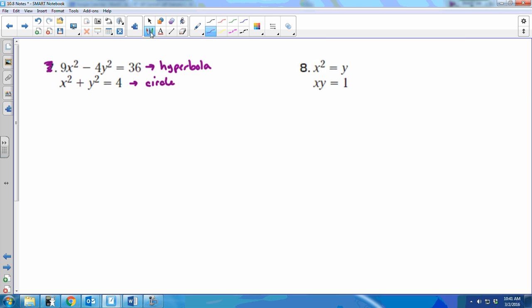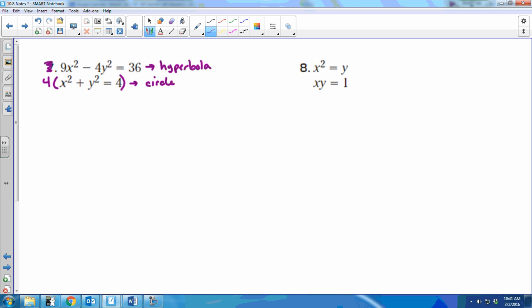I can multiply it by 9 or by 4. It doesn't matter. I think the smartest way, since you have a minus sign and a plus sign, would be to multiply by 4, because then you'd already have it set up. You could just add them together, and the 4y squareds would go away. That's not the only way to do that, though. So I'm going to multiply this equation by 4.